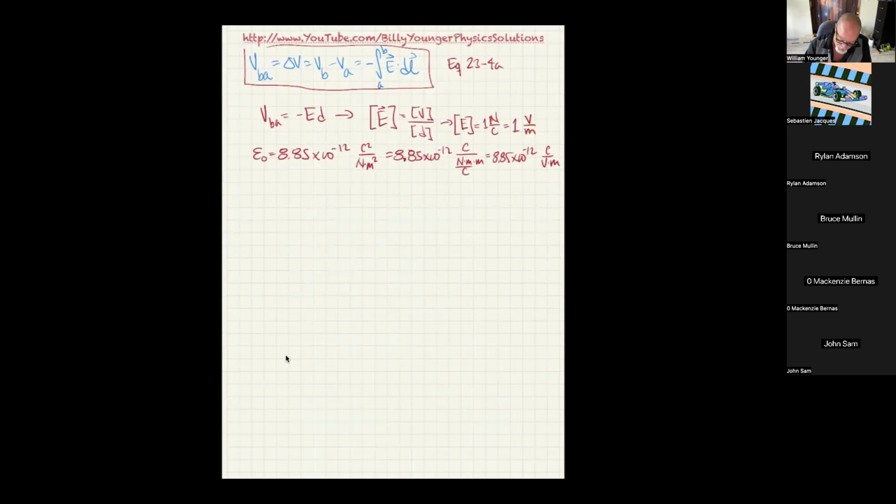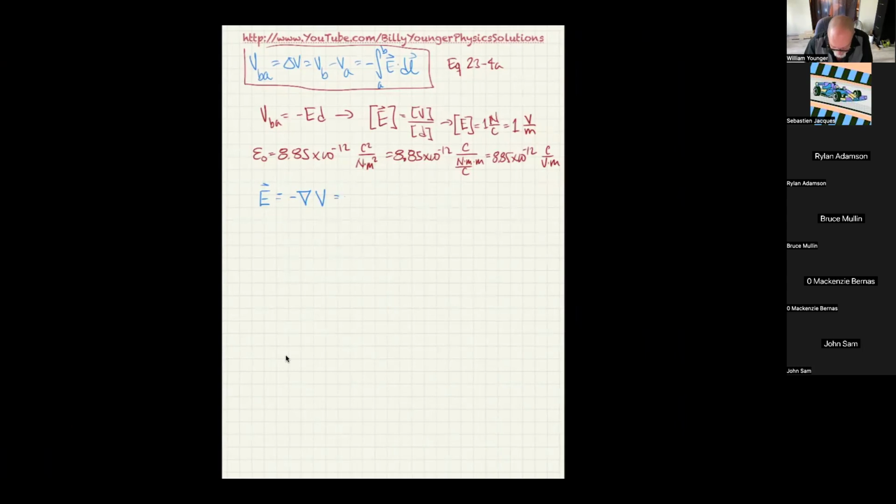As I told you, this nasty 23-4A is an integral that you have to compute, and that allows you to take the electric field and get the voltage. Well, if you have the voltage, you can also get the electric field. The equation for that is E is equal to the negative gradient of V. The gradient is a vector operator.